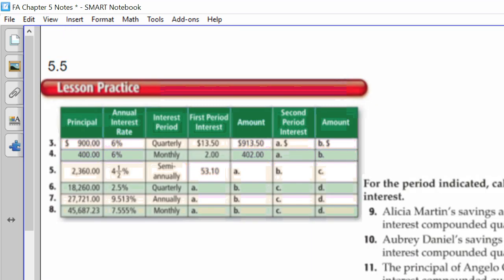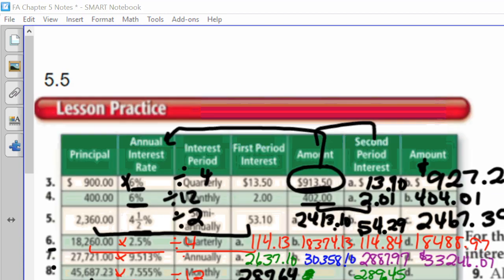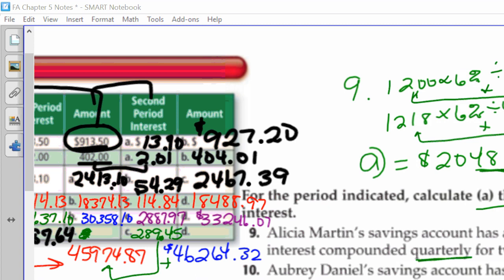Okay, you guys, go ahead and shuffle off, do these practice assignments. I will bracket with you guys. Here's the answers to 3 through 8. Here is number 9. Here is the amount. And the interest earned is $48.27.